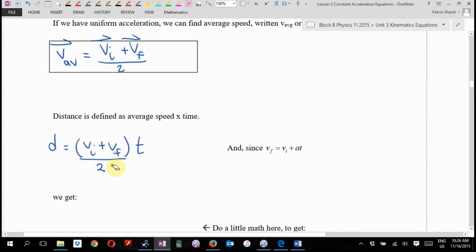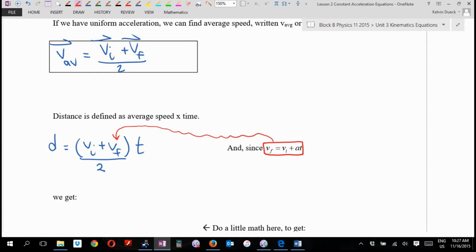You okay with that? And what's vf the same as? Our first equation, vi plus at. What I'm going to do then is replace the vf right there with vi plus at. Is that okay so far? I'm doing substitution if you really want to be fussy.